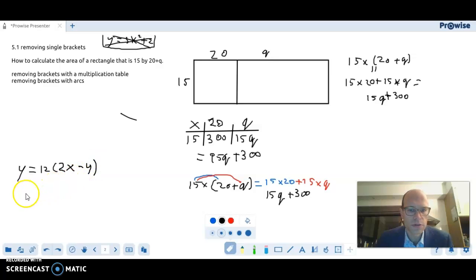And I want you to use a multiplication table. So remove these brackets using a multiplication table.